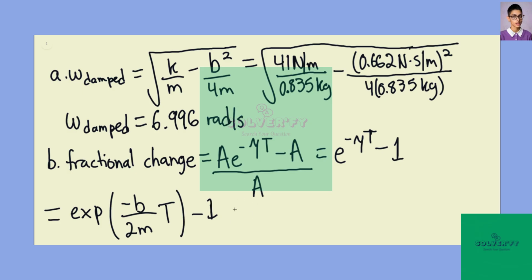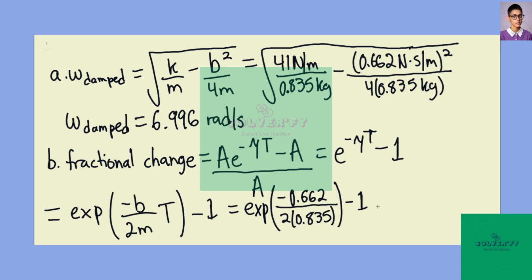We can solve and say that this is going to be the exponential function of negative 0.662 divided by 2 times 0.835 kilograms, minus 1.